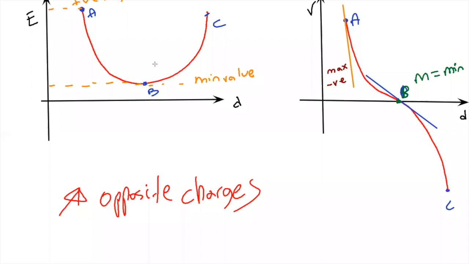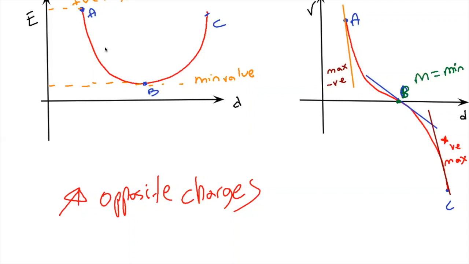But just for the sake of it, let's show the gradient over here. I think the gradient is going to be something like this. It's going to be plus VE max.